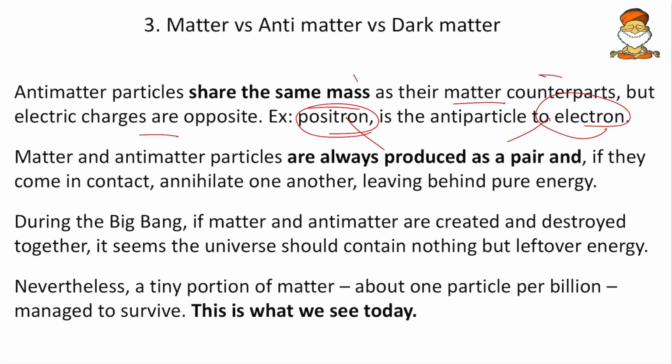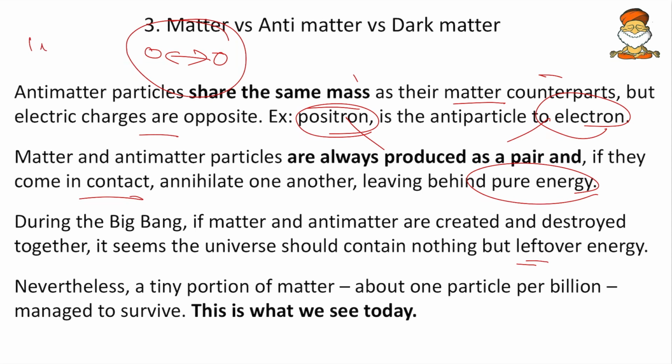Then matter and antimatter particles are always produced as a pair, and if they come in contact, they annihilate one another, leaving behind pure energy. So when matter and antimatter collide, obviously they will vanish, and that gets converted into huge energy. And during the Big Bang, if matter and antimatter are created and destroyed together, it seems the universe should contain nothing but leftover energy.